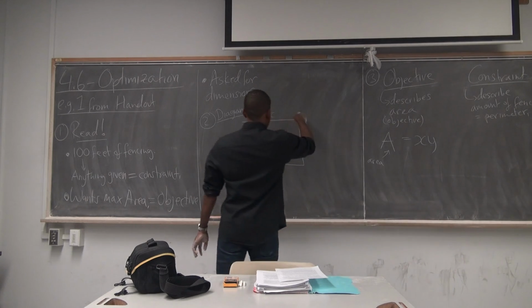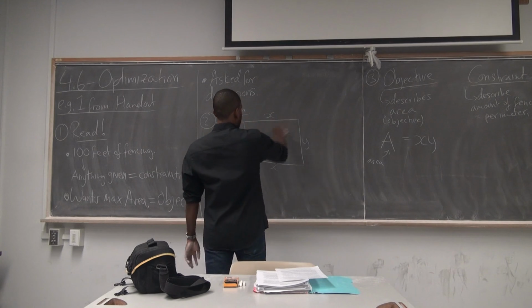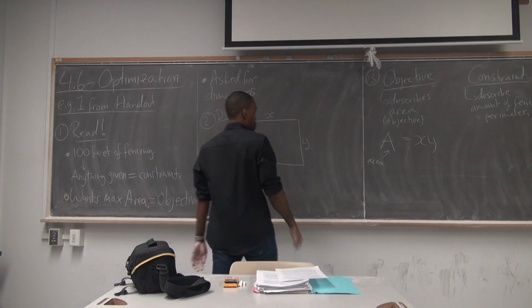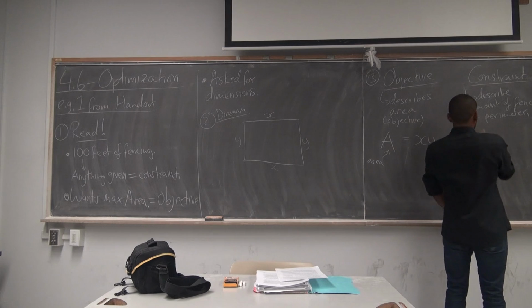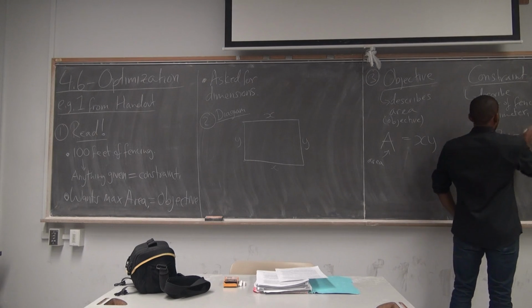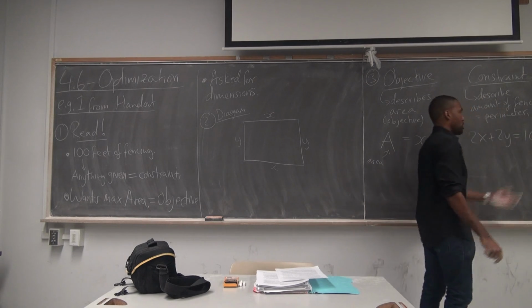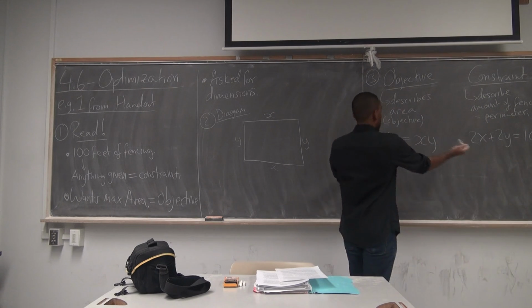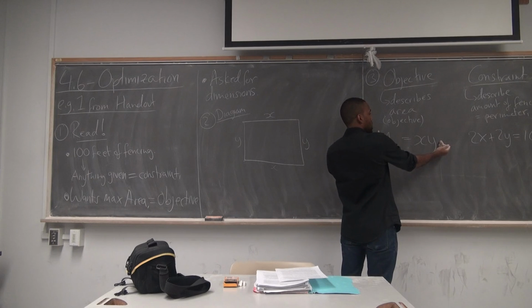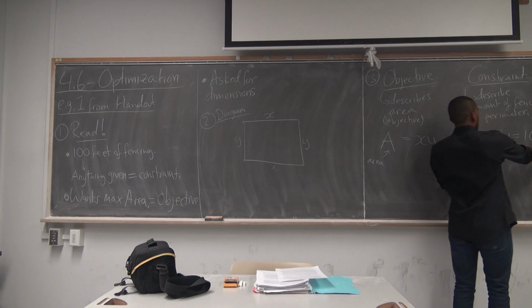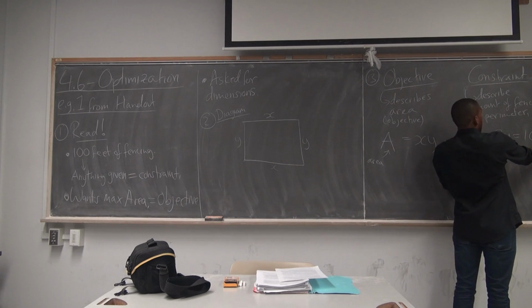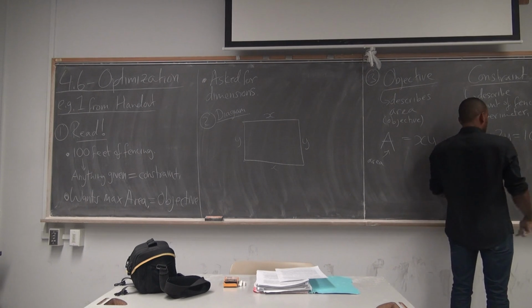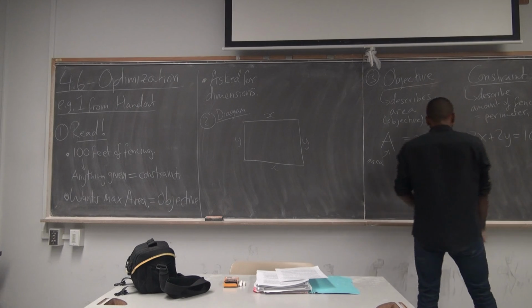Right, I'm going to add up all the lengths of the sides. x plus y plus x plus y, 2x plus 2y equals 100, right? I don't have as much as I want. I only have 100, right? So this equation is called my objective equation. It describes the thing I want to maximize or minimize. This equation is called the constraint equation. It describes my restriction, right? So here I have a perimeter restriction.